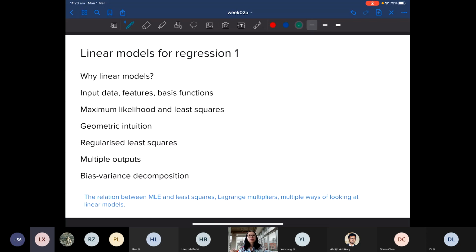The takeaway for this Friday will be that being able to reason about Gaussian distributions will be useful, especially if you're pursuing further research or advanced topics in machine learning. We briefly looked at Lagrange multipliers, and we are going to keep looking at multiple ways of looking at linear models that connect to each other, which is part of the beauty of statistical machine learning. So that's all. Any questions?